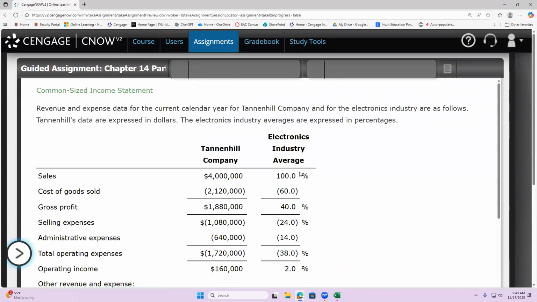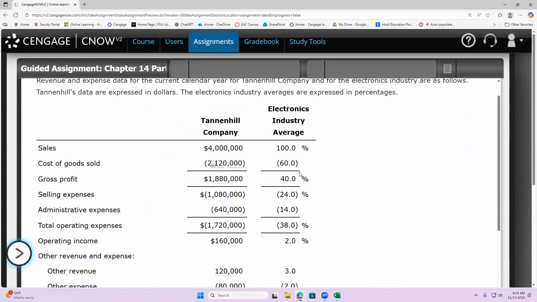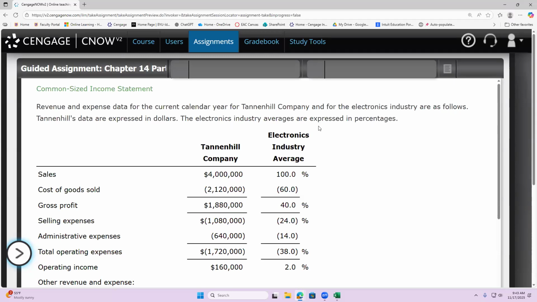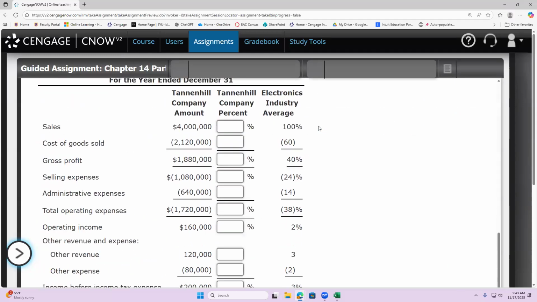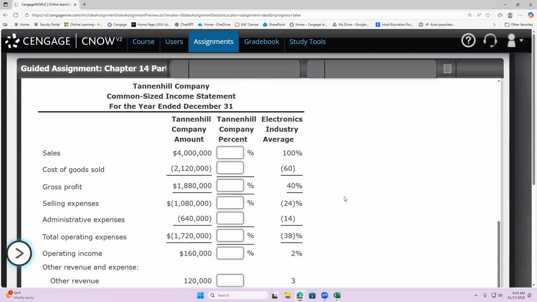So they were able to buy these averages for the industry. Tannehill's data are expressed in dollars, and the electronics industry is expressed in percentages. So I get that what they're asking us to do is just convert Tannehill's information into these percentages.